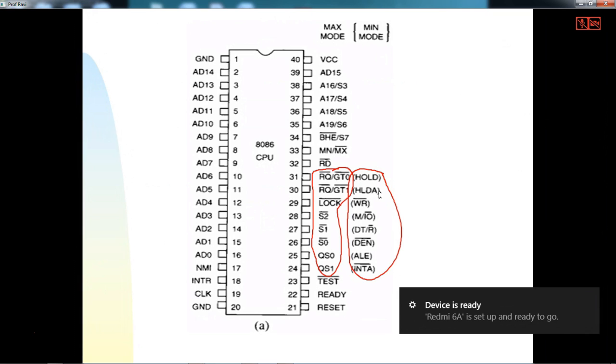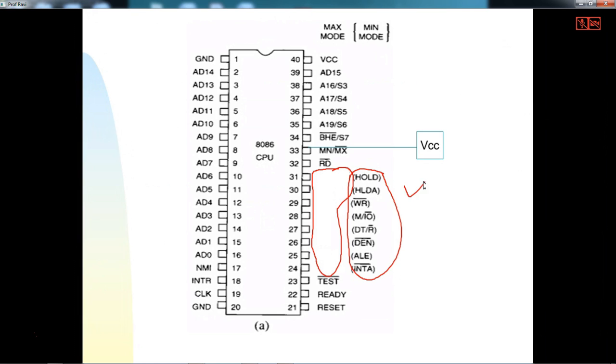When the 33rd pin is connected to VCC, these pins act like this: the 25th pin is ALE, 26th is data enable, 27th is data transmit and receive, 28th indicates whether the processor is doing a memory operation or IO operation, and 29th is write bar and hold and hold acknowledge.